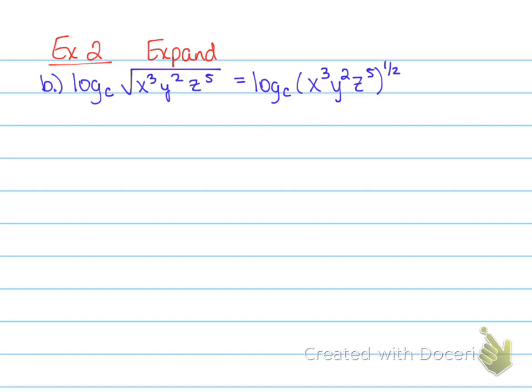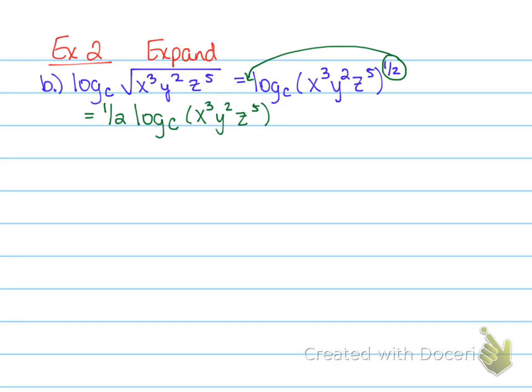And we can't separate those three things being multiplied inside the parentheses until we get rid of that exponent. So we're going to move that exponent over in front of its log. So when I do that, I've got 1/2 times log base C of the x cubed y squared z to the 5th.